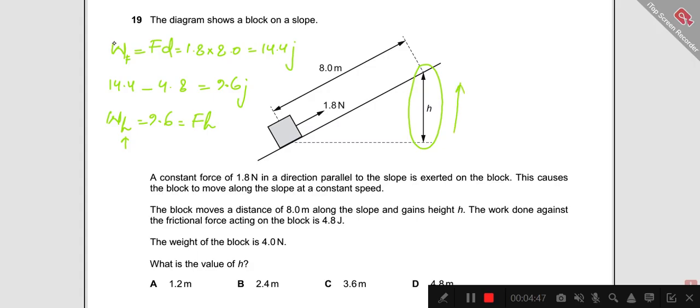The force required in this case would be along vertical, which is the weight of the object. So instead of writing this force here, we'd place the weight of the block, which they have provided us, 4 Newton. So 9.6 equals 4 times h, and dividing these, you get the value of height, which is 2.4 meters.